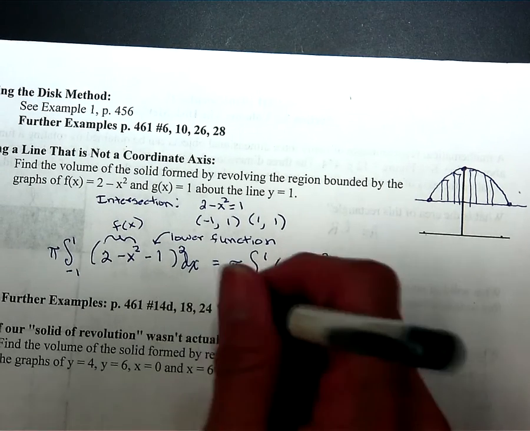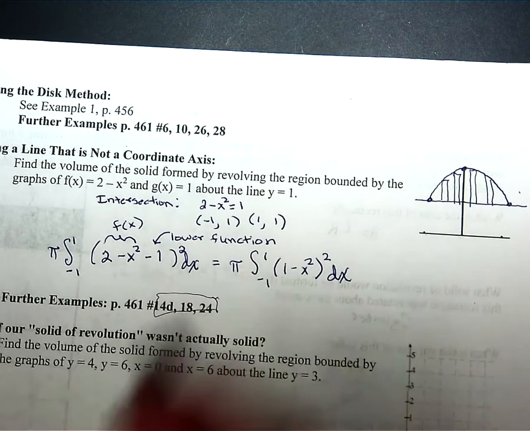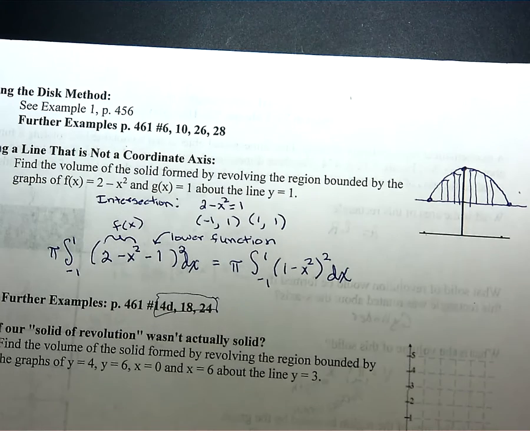All right, I wanted to do 3 more, but we don't have time. What I was going to say about number 14 is it was going to be our first one that was rotated about something other than the x-axis. If my lathe is moving left to right, I need to integrate top minus bottom.